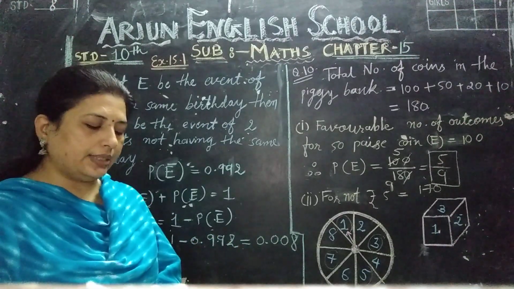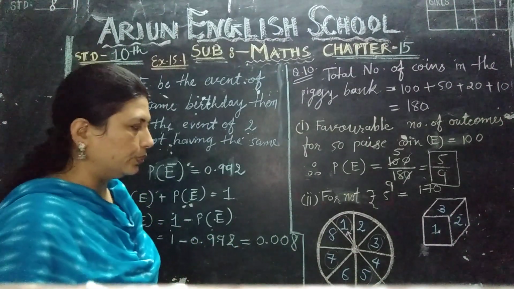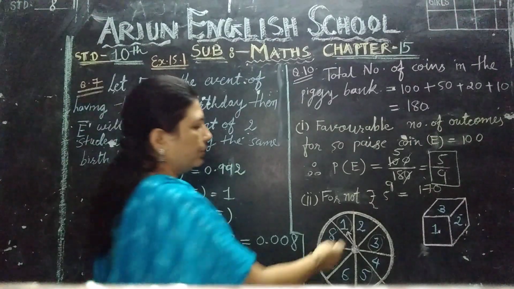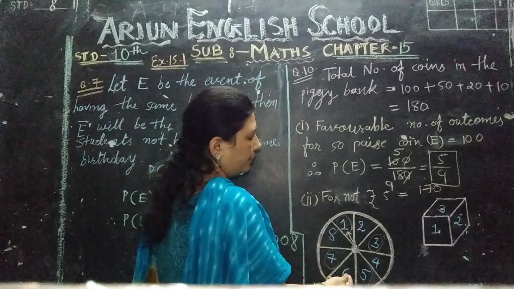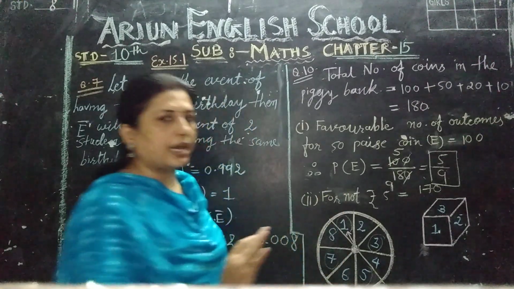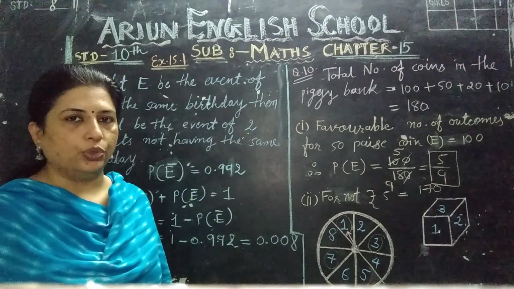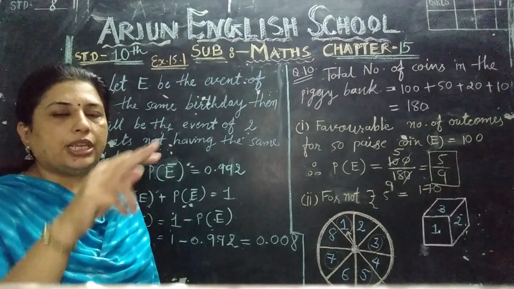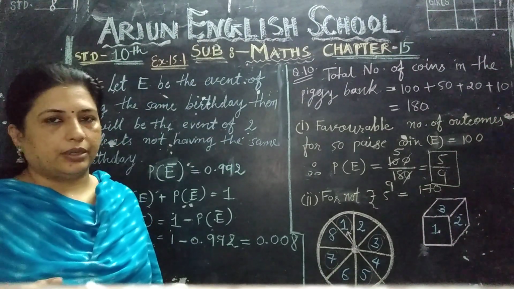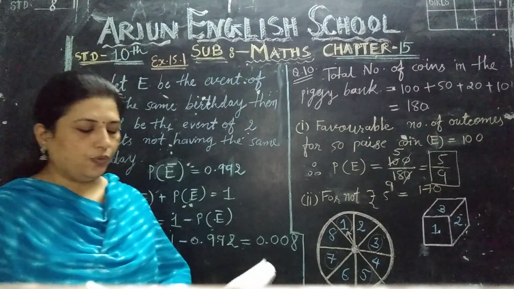Now next question is a number greater than 2. So you can see that greater than 2 is 3, 4, 5, 6, 7, 8. 6 numbers are there which are greater than 2. So 6 divided by 8. We can divide it, 3 by 4. So answer is 3 by 4.